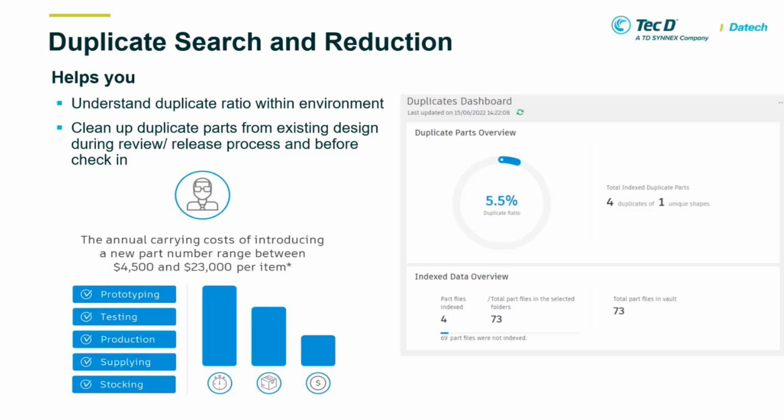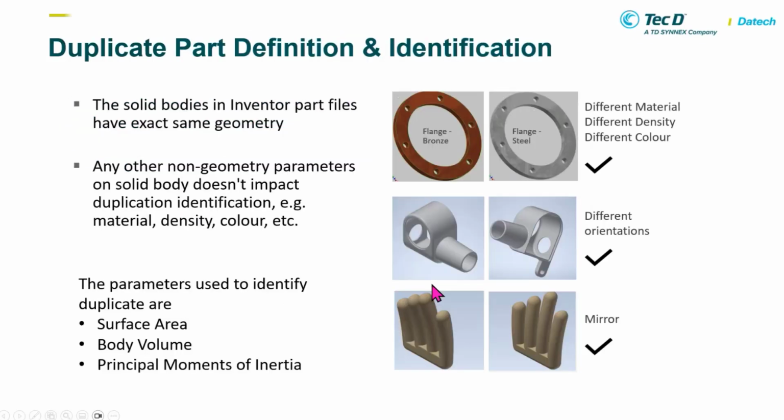You can run the whole Vault and it will give you a list of things that are probably duplicates. So it's not just searching for file name. It's looking for similar geometry, even with a different material, different density, and different colors. It will be able to detect that as well. Different orientation, or maybe even mirrored components.